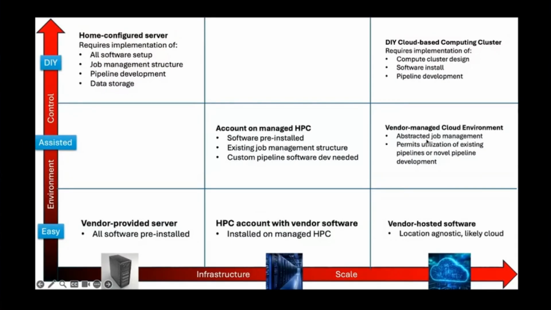But if you don't want to put so much effort into writing pipelines, there are other options for managed cloud environments that are attractive. There are companies like DNA Nexus, Seven Bridges, and Illumina Connected Analytics. They all offer much more streamlined interfaces where you can log in, and even without extensive bioinformatics or coding experience, you can put together a pipeline.